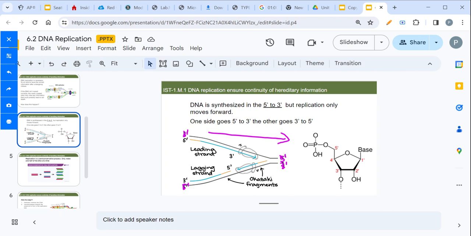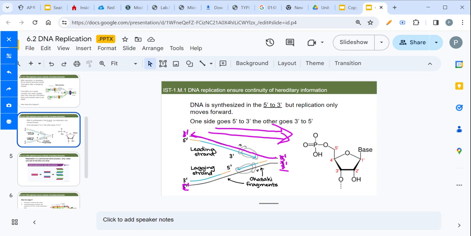So we are going 5 prime to 3 prime. I am copying the DNA going this way, but I'm traveling in this direction, and I'm copying it 5 to 3 this whole time. But the problem is that in this area, because of it being opposite, I still need to do 5 to 3. So how am I able to get it done 5 to 3?